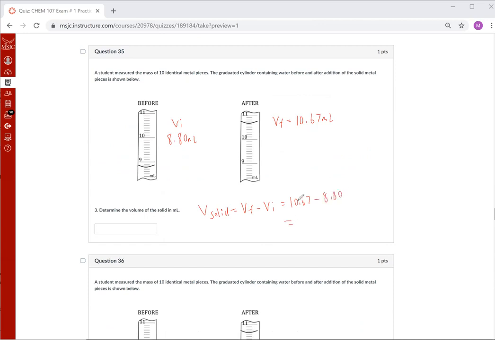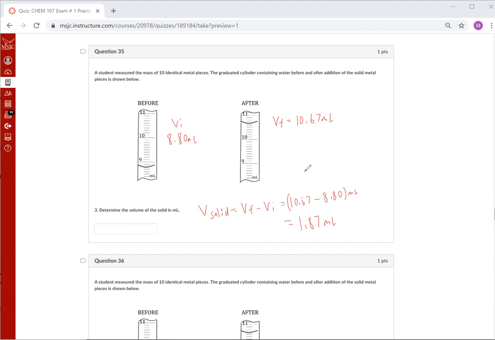Punching that into our calculator, remembering that our answer should have the same number of decimal places as the number with the least number of decimal places, we get a volume of solid of 1.87 milliliters. Does that make sense to everyone?